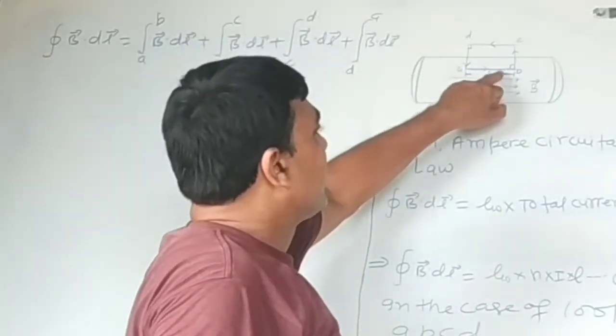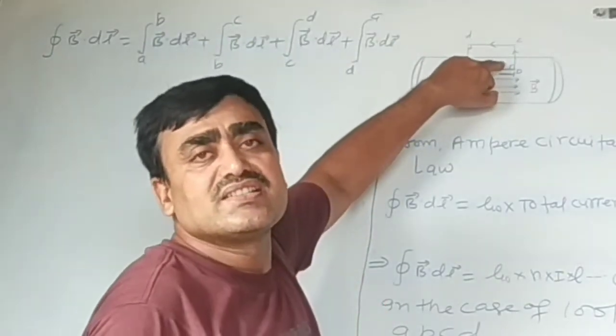Here the loop is rectangular and this angle is 90 degrees.